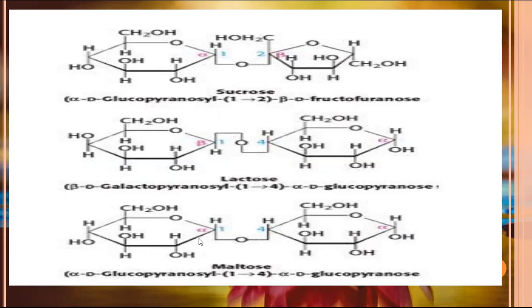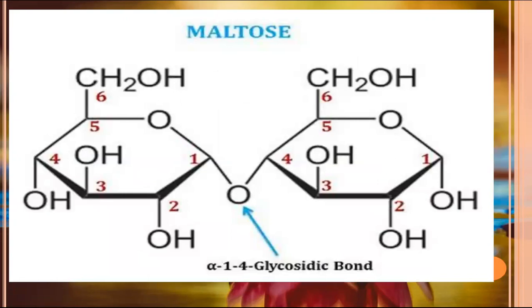Alpha 1,6 glycosidic bonds are present in polysaccharides. First we discuss how glycosidic bonds form in carbohydrates.